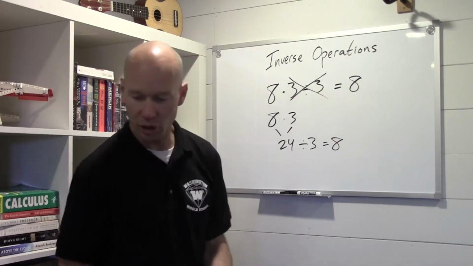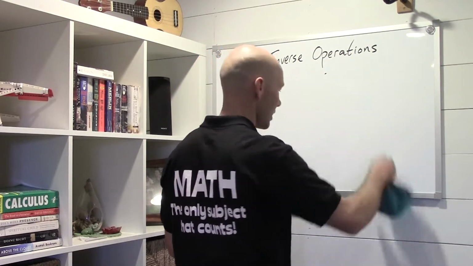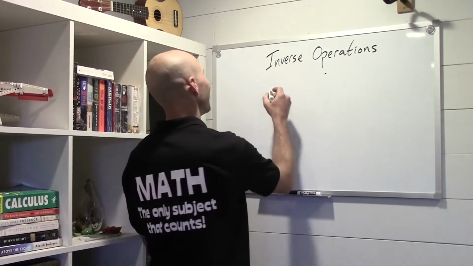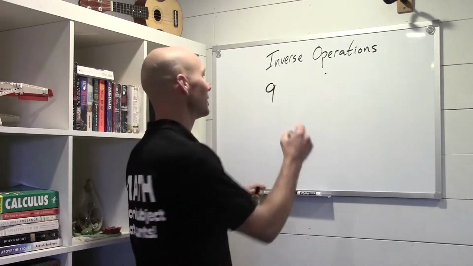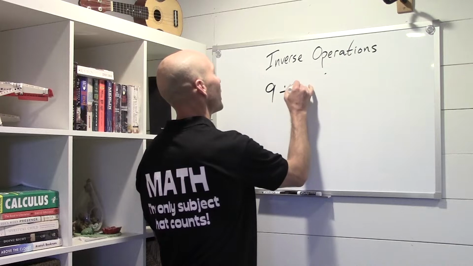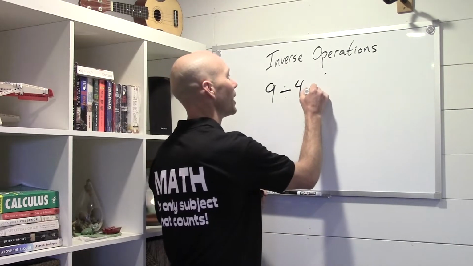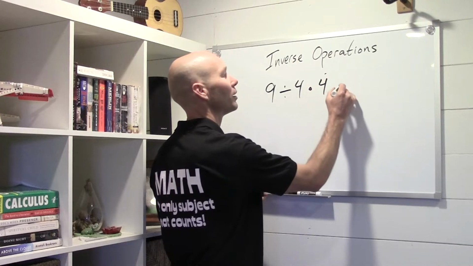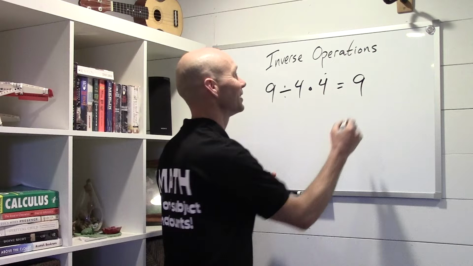Alright, let's show our inverse operation of division. If I had the number 9, let's go with the next number, 9 divided by 4. If I took 9 divided by 4 and I multiplied that by 4, I would get what? I would get 9.